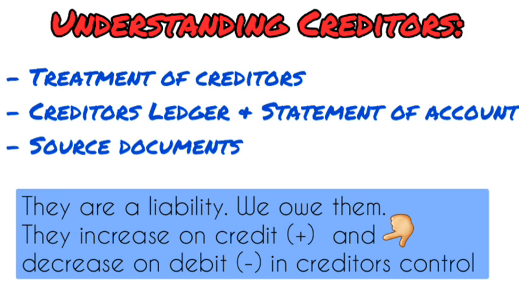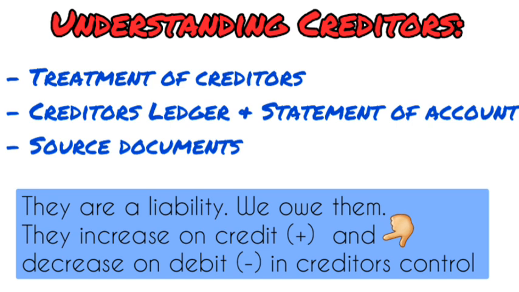If you watched the video we did on bank reconciliation, we basically explained that on the credit side we record what is not good for our business, and on the debit side we record what is good for our business. So when we buy something on credit, it means that our risk as a business is increasing. So that's why we put that on the credit, to show that this is not good for us.